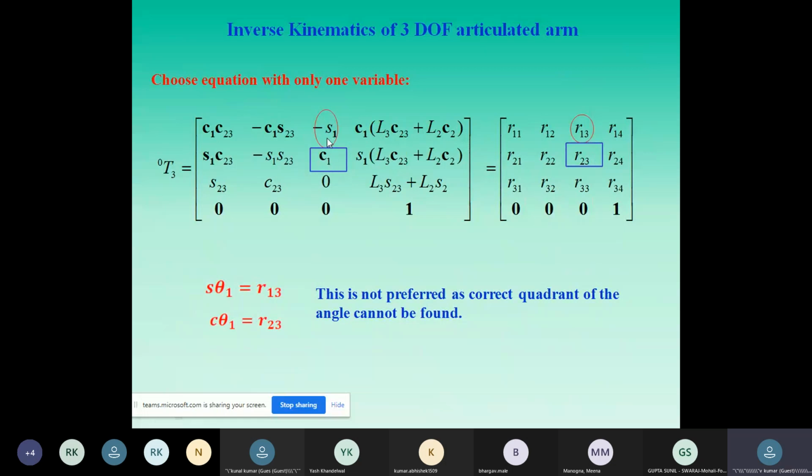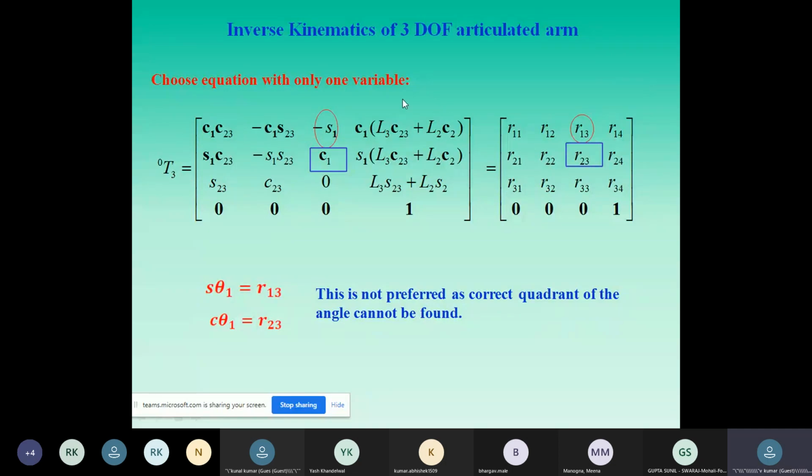We can equate them, so sin theta 1 is equal to R13 and cos theta 1 is equal to R23, and then we get the theta variable. The difficulty is that the exact coordinate frame cannot be given, since it is in the rotation part.